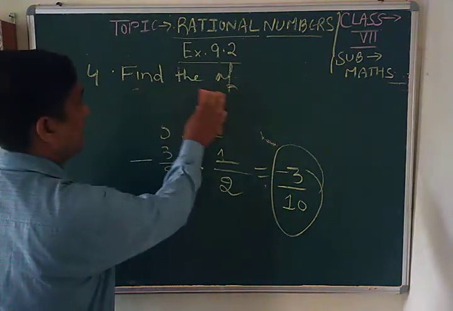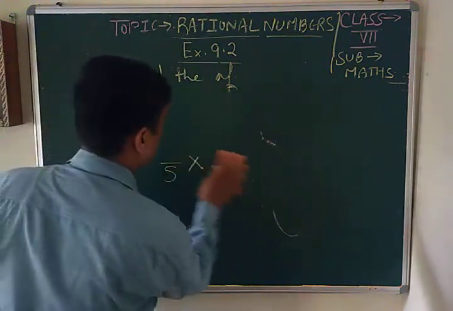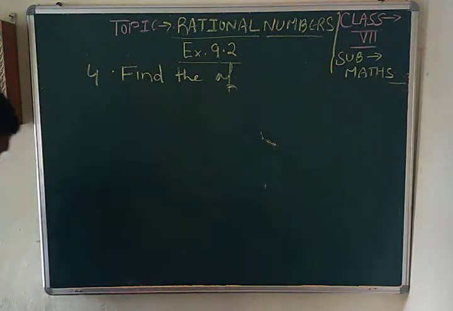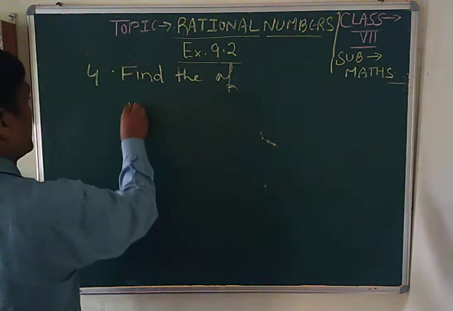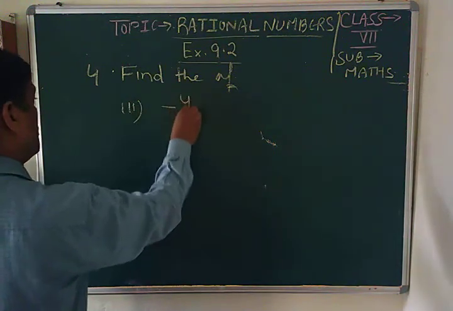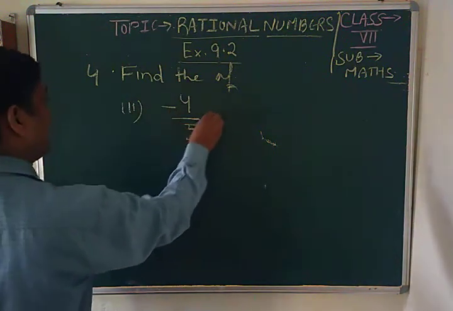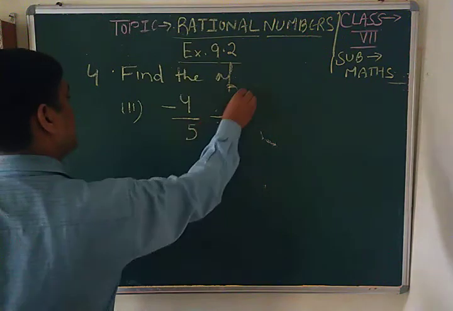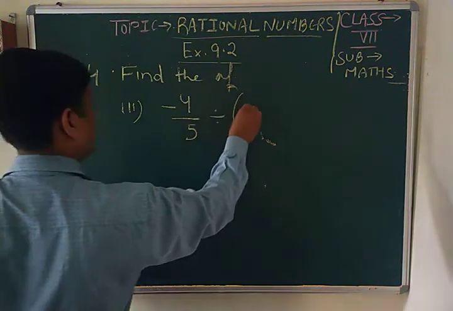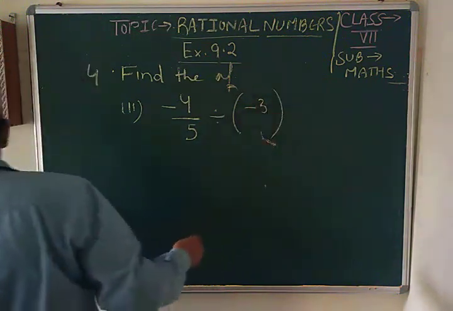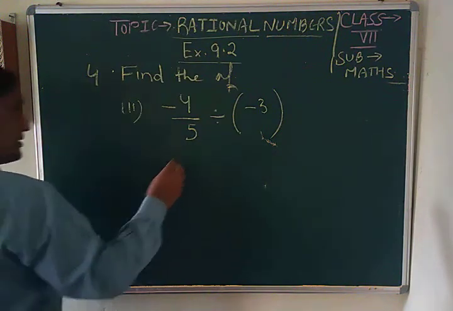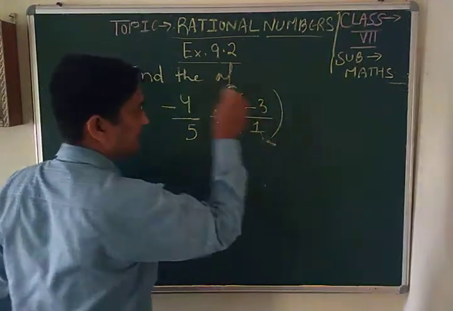We will do one more part. The third part we can do now. Third part is minus 4 upon 5 divided by minus 3. There is no denominator. You will write down 1 in the denominator.